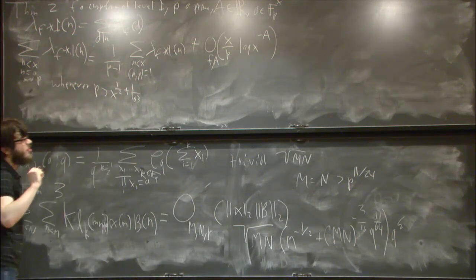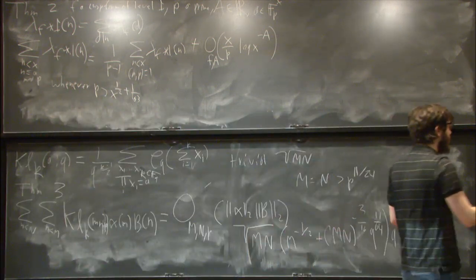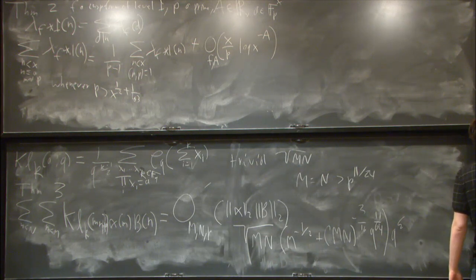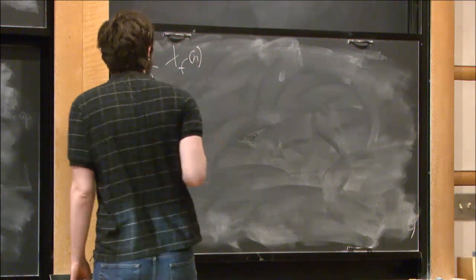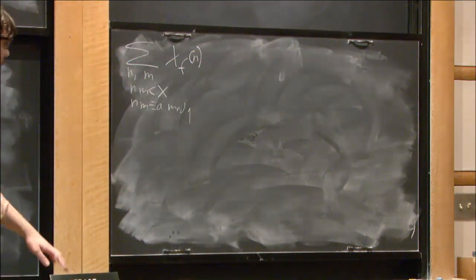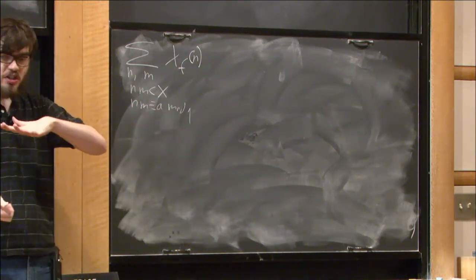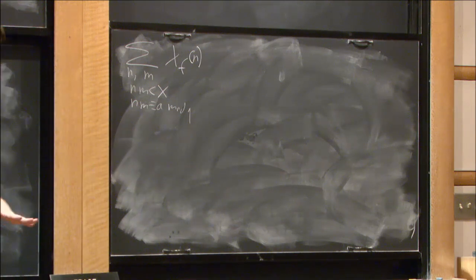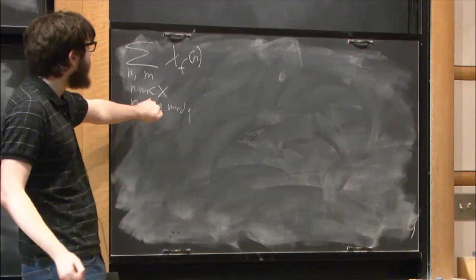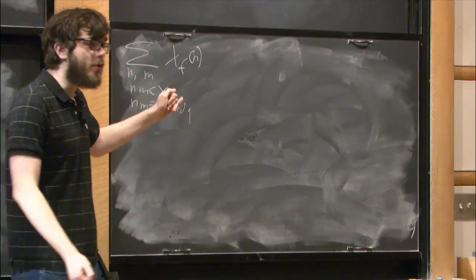We just expand this inner sum, and we get a sum over m, n whose product is bounded, and whose product is congruent to a mod q, of lambda f of n. And this condition that their product is less than x is a condition that changes very slowly as n and m vary. And so we can approximate this kind of condition pretty well using smooth functions.